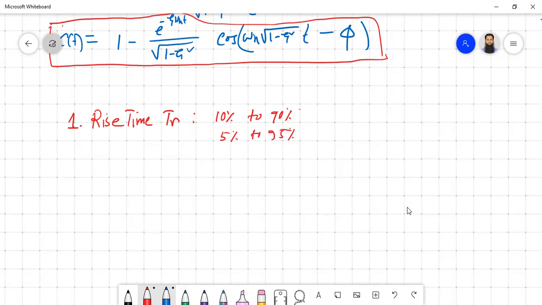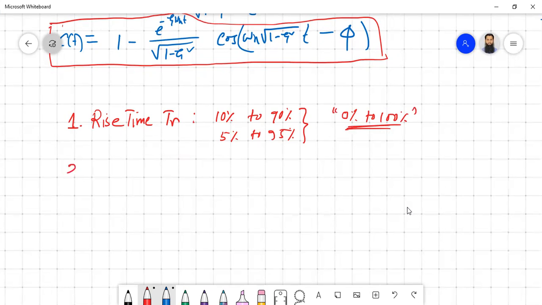But if you take these percentages, it's difficult to derive the formula. The formula is only possible with the assumption of 0% to 100%, how much time it takes to go to that value. Then you'll be able to derive the formula for the rise time. Okay, so we'll be taking the help of some other book for this. In our book, there is no specific derivation given. So this is one thing.